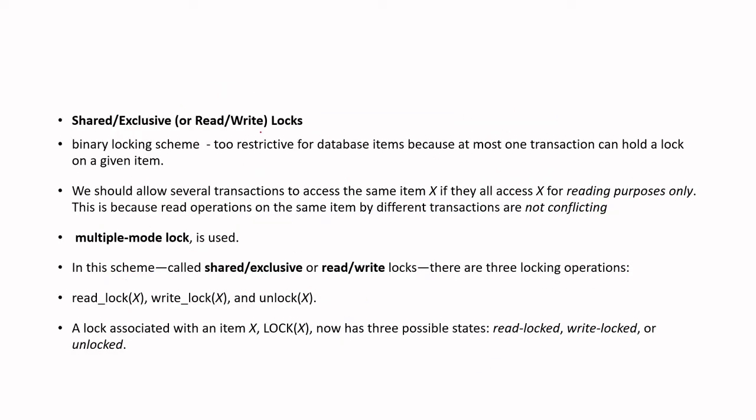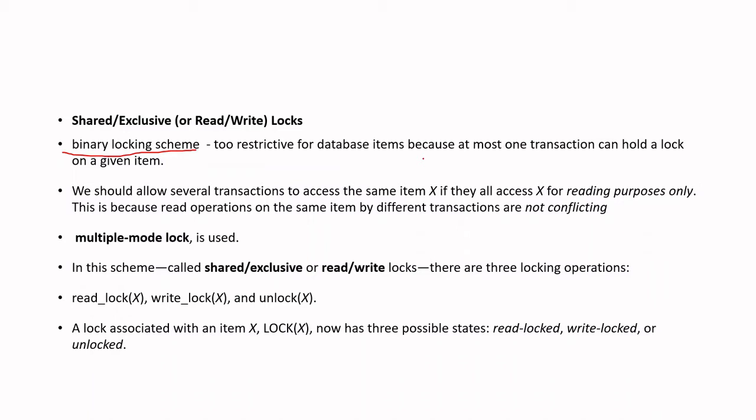Now, the disadvantage of this binary locking system is that it is too restrictive for data items. Let us say two transactions are trying to read the same data item, say X. When you're trying to read it, there is no point in locking it up, right?